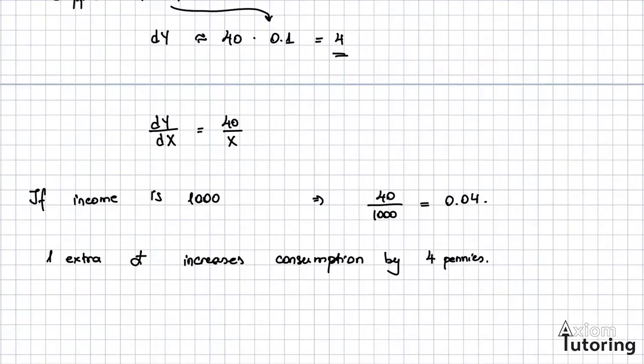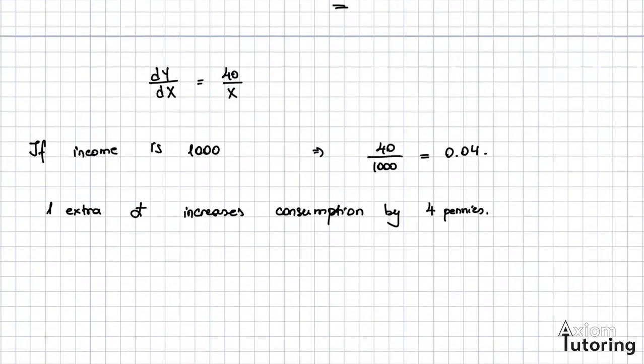But the effect of a 1% change in income is instead constant. So here, I'll write the 2,000 as well: 40 divided by 2,000, which is just 0.02.